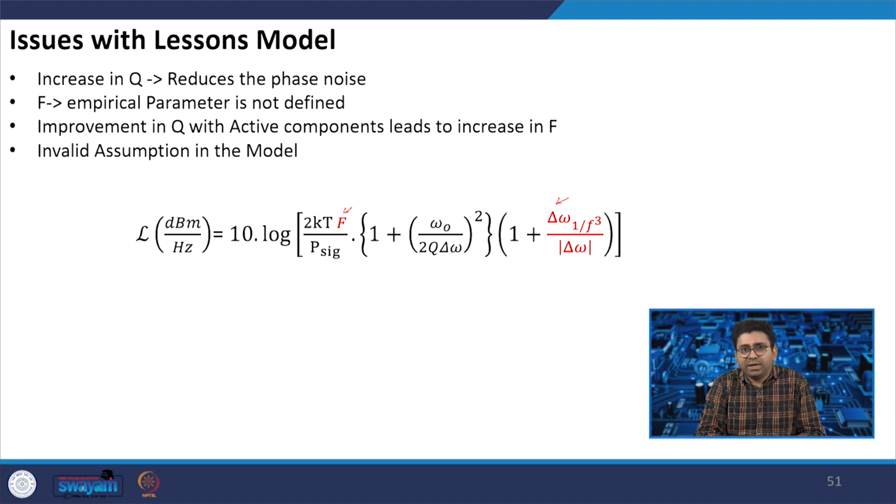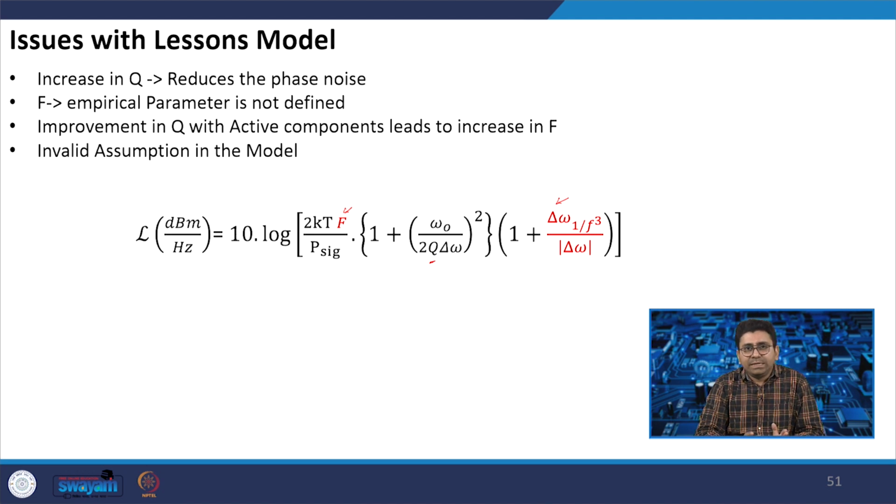Now, this empirical term is not defined in the Leeson's model, and if we try to improve the phase noise, the improvement depends upon the quality factor Q. So, if we increase the quality factor Q of the resonator, we can improve the phase noise.